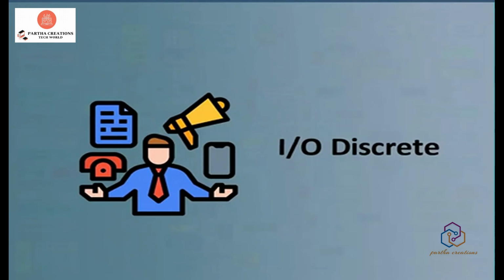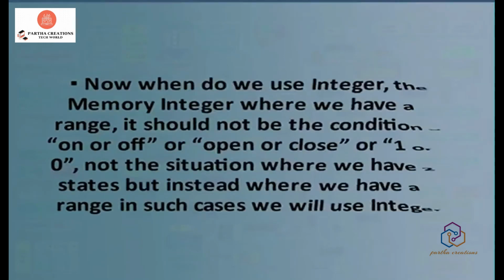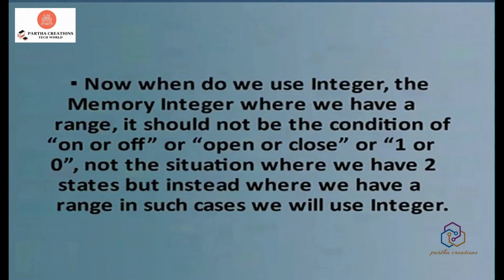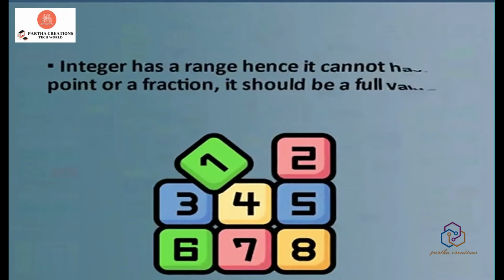Clear? Now, when do we use integer? The memory integer, where we have a range, it should not be the condition of on or off, or open or close, or 1 or 0. Not the situation where we have two states, but instead where we have a range. In such cases, we will use integer. Integer has a range, hence it cannot have a point or a fraction.